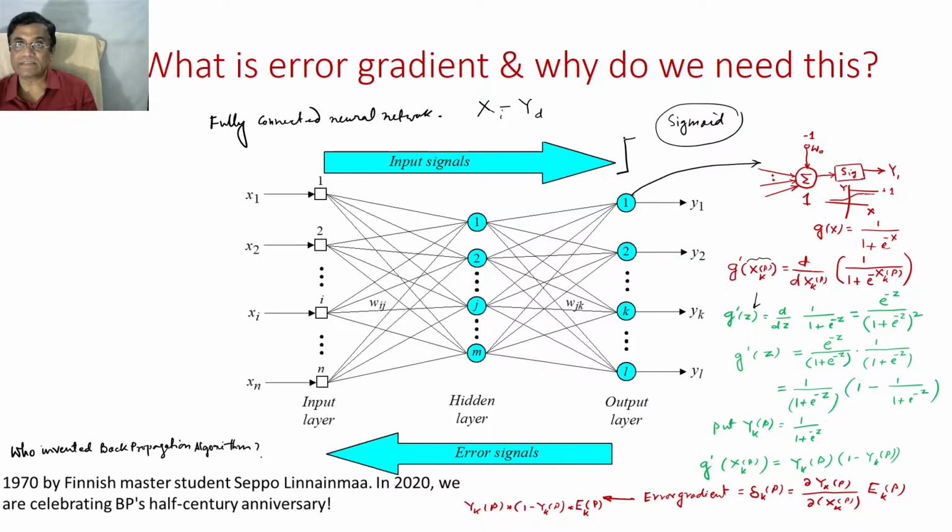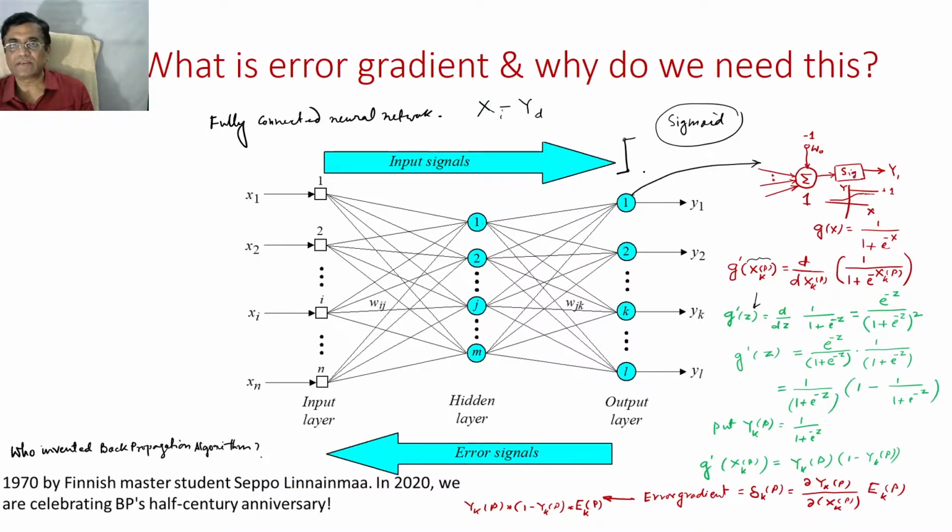Why? Because it has discontinuity here and here. I need a continuous curve. So sigmoid is a good choice for that. Sigmoid, tan sigmoid, and many more such as ReLU, the rectified linear unit, and other functions that have a good range and continuity have been tried.